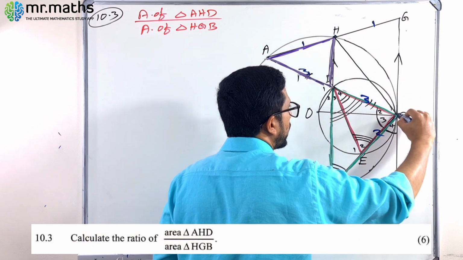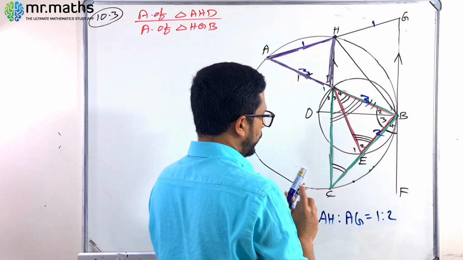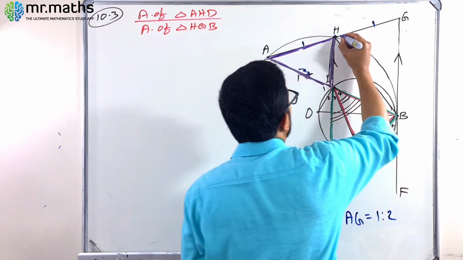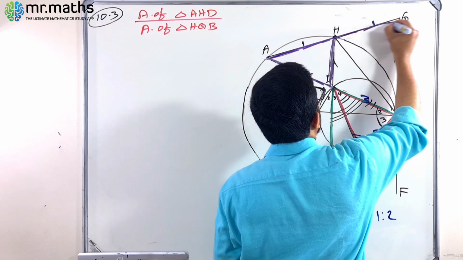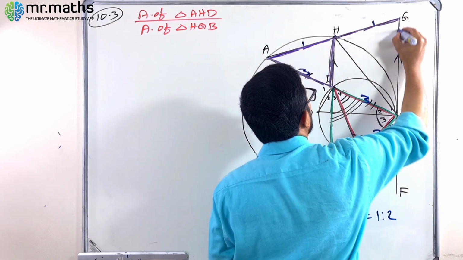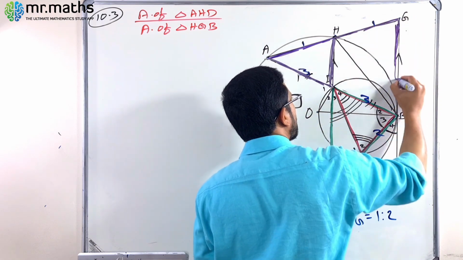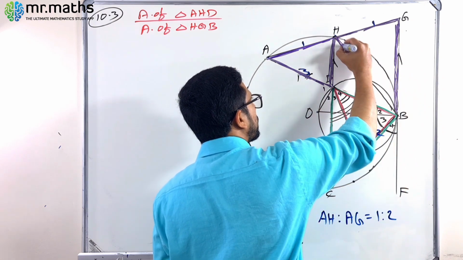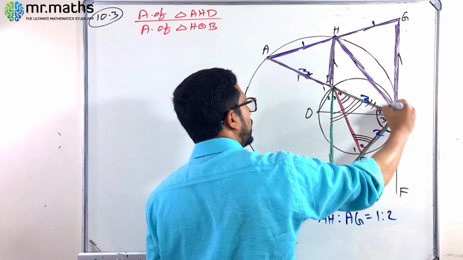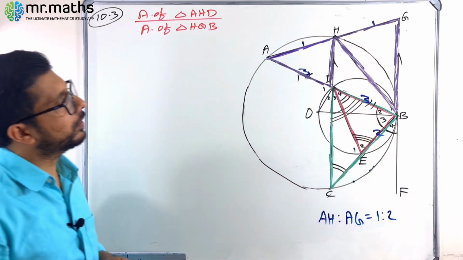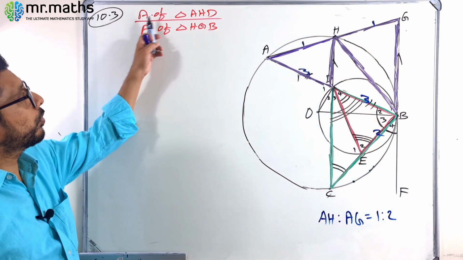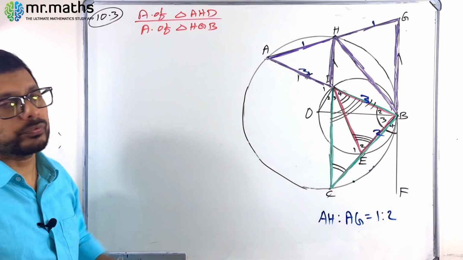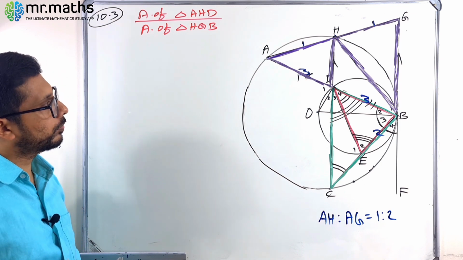Anyway, let's draw a line like this. We are talking about that triangle. So what is the second triangle? This one. And you have to find the area of AHD divided by the area of HGB. You have to find both of those.